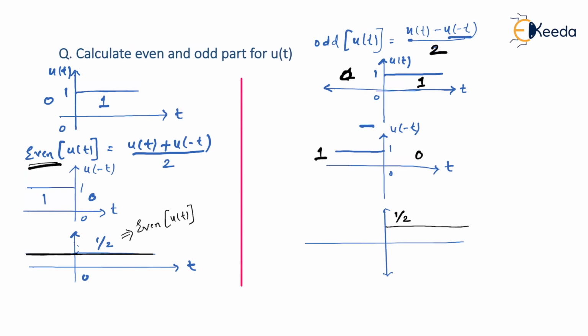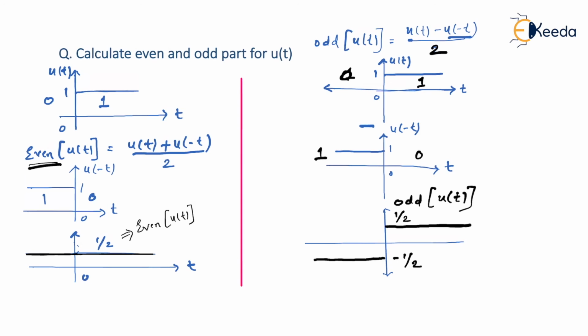And if you remember, by common sense only, if we have half present at the right hand side, definitely on the left hand side we will have minus half, because the resulting signal is the odd part of u of t. And this is in fact the property of every odd signal: whatever is present on the right hand side, exactly equal but opposite in amplitude is present at the left hand side, or we have diagonal symmetry.